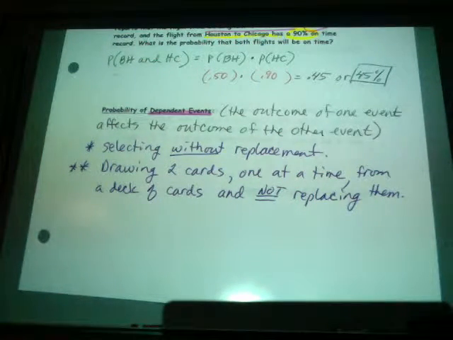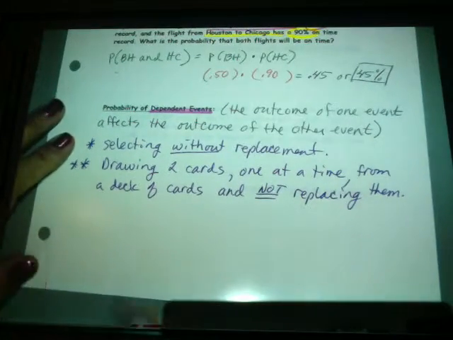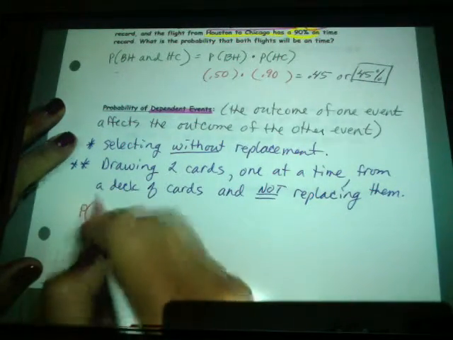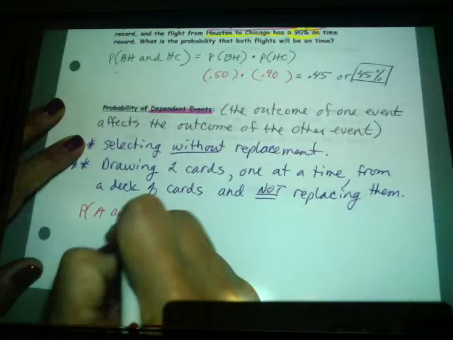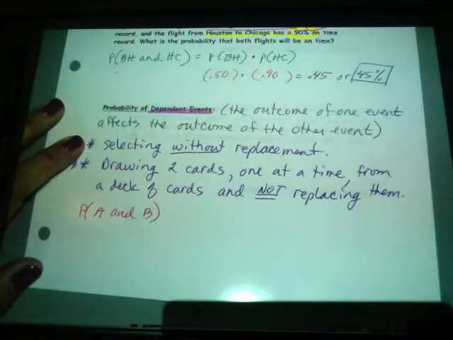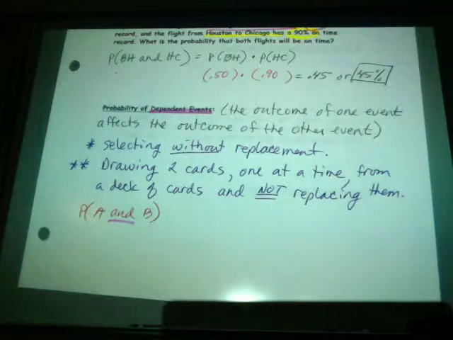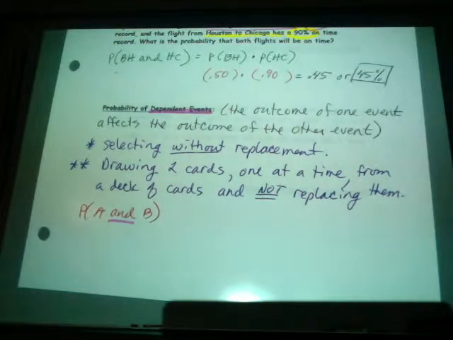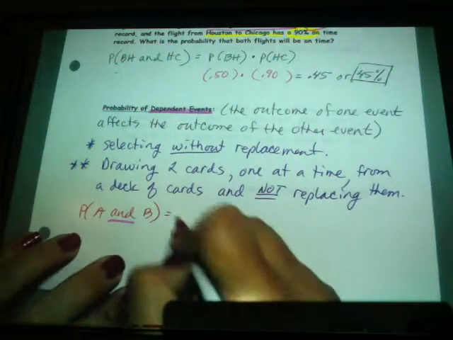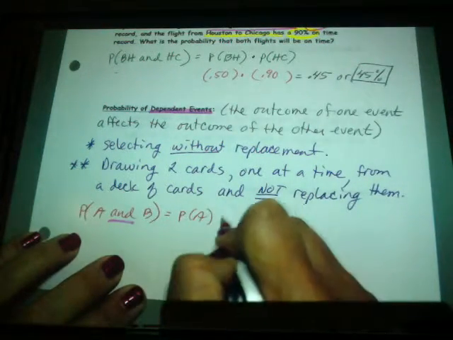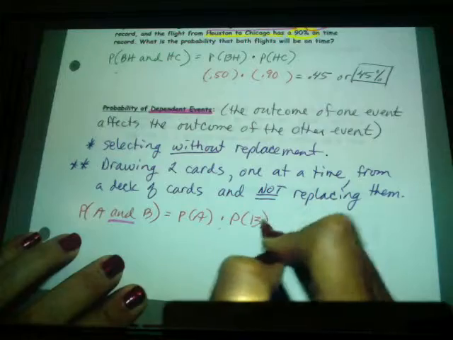So your general notation for this would be the probability of A and B. And again, that "and" is an important word. You're going to see later that that word is going to change to an "or," and it's going to change how we calculate that probability. We still do the probability of the first event times the probability of the second event.